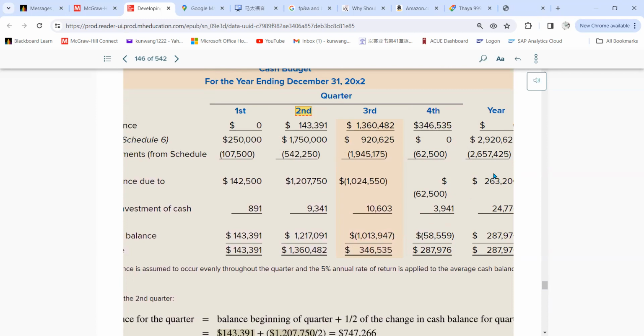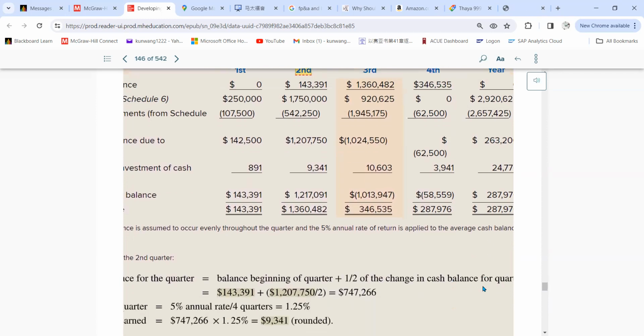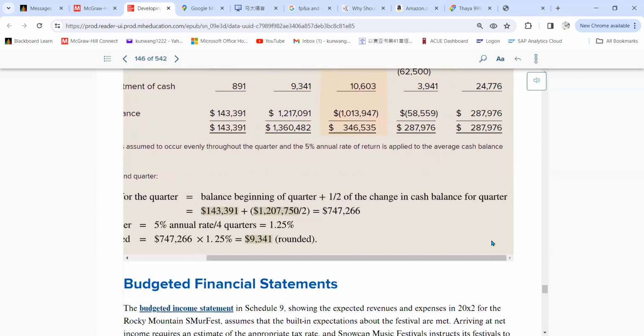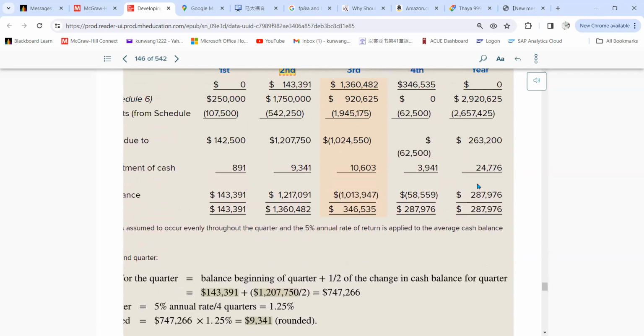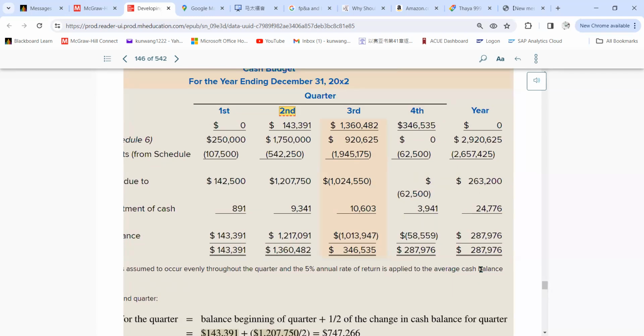But overall, we got a positive cash balance of $87,976. And be careful, this is only your cash balance, not really the net income or profit we earned. But in this case, this number should be very close to the net income because we don't have lots of those carry over or carry forward issues.